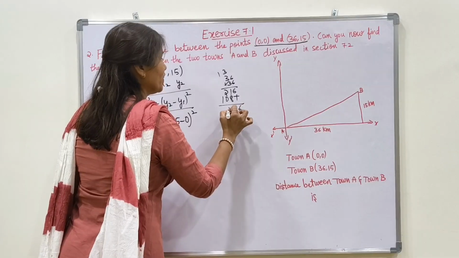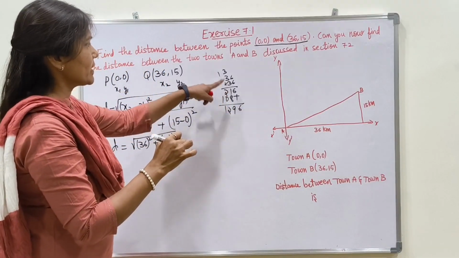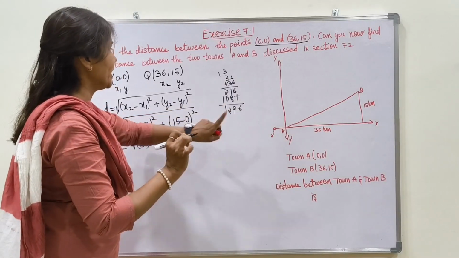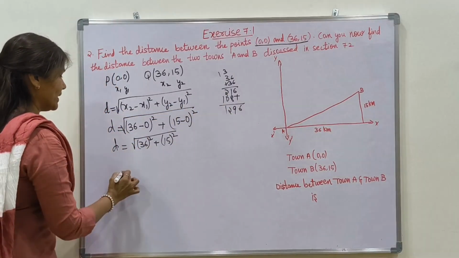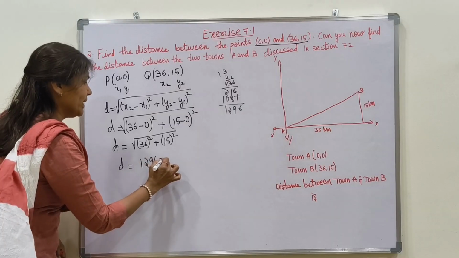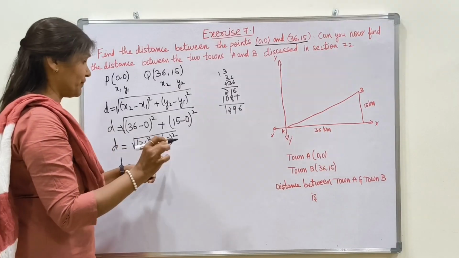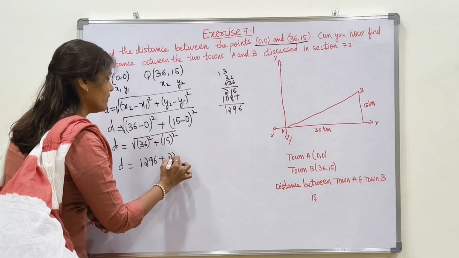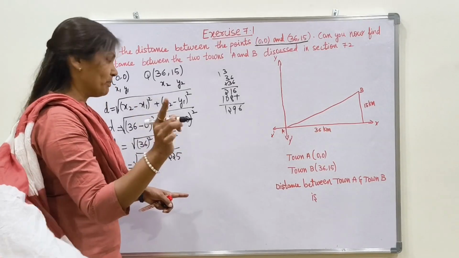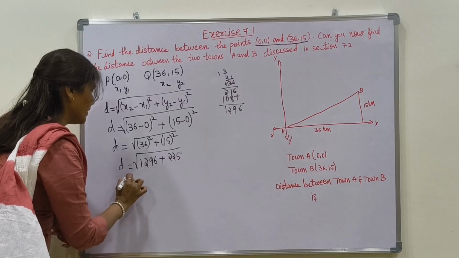Once again you see, 6 6s are 36, 6 3s are 18, 19, 20, 21, 18, 9, 10. Correct. What answer will you get? 1296 plus 15 square. 15 15s are 225. Square numbers, at least learn up to 25 by heart.